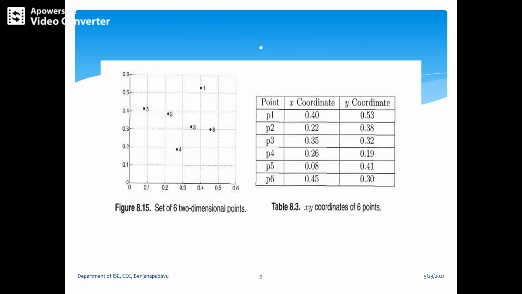Now we have taken x and y coordinates. Assume these x and y coordinates are for the points we have numbered: point 1, point 2, 3, 4, 5, 6. There are 6 two-dimensional points, with x and y coordinate values.